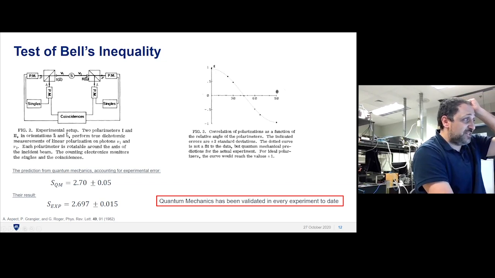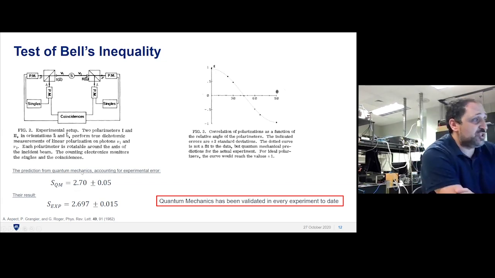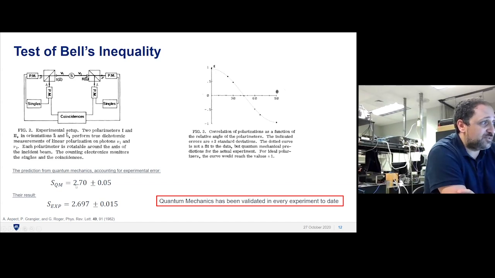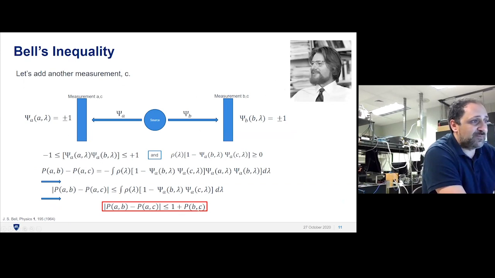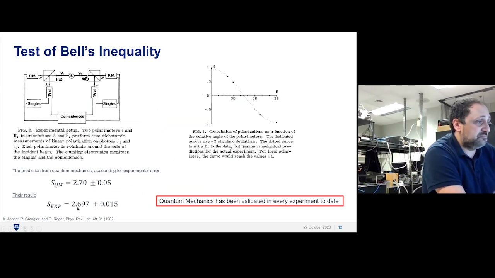And cutting to the chase, the prediction for quantum mechanics was, for this setup and taking in their experimental uncertainty, that they should measure 2.7 for the probability BC +1. And as you see, they measured that essentially. And it's a very precise and a very accurate measurement.